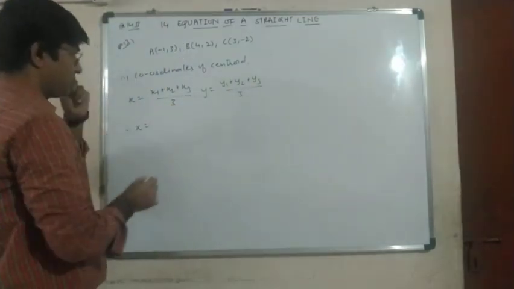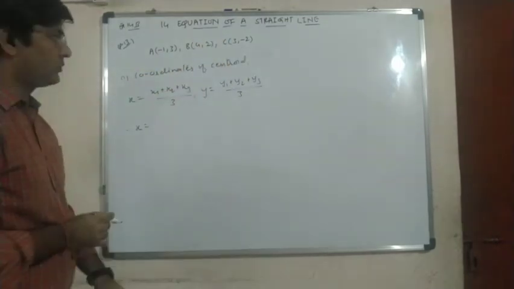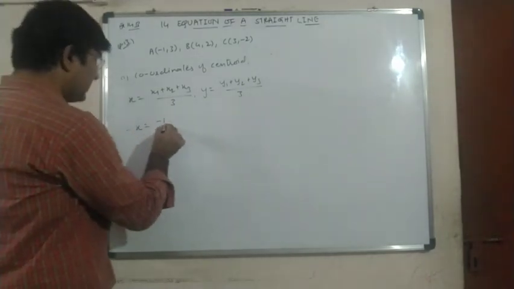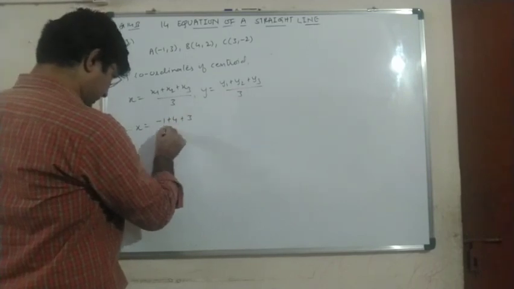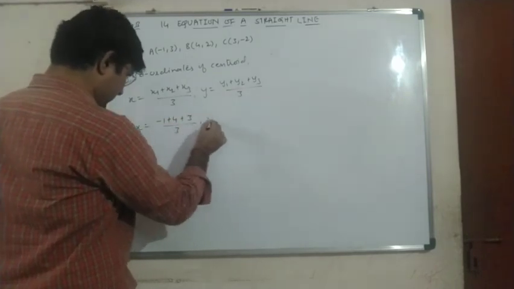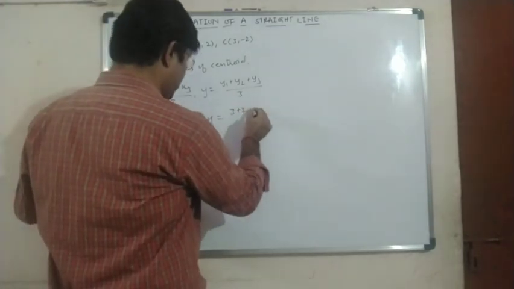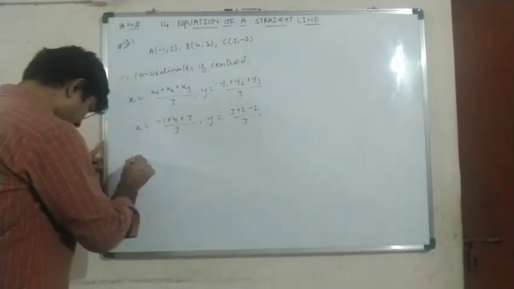Therefore x1 y1, x2 y2 and x3 y3 are the coordinates of points A, B, C respectively. So let us put the values. Minus 1 plus 4 plus 3 upon 3 and y is equal to 3 plus 2 minus 2 upon 3.